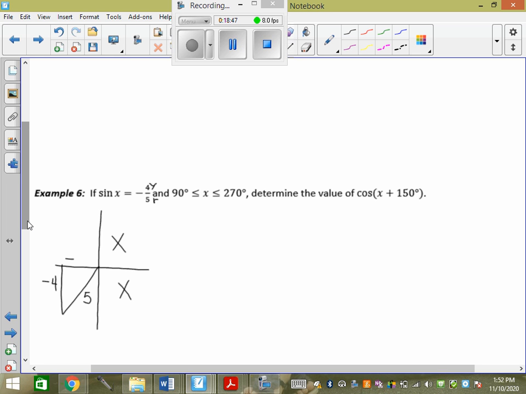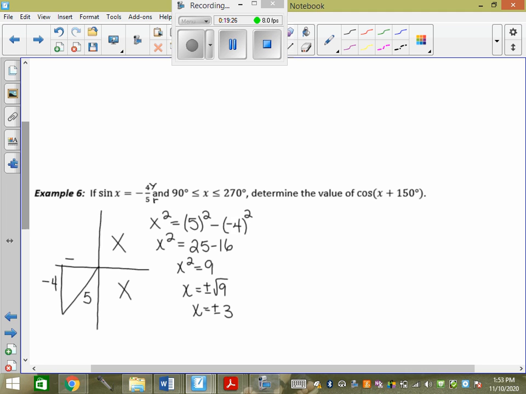How do I find the third side? Pythagorean theorem. So none of this is new. This is all chapter 4. I'm just repeating chapter 4. So I'm going to go x squared equals 5 squared minus -4 squared. x squared equals 25 minus 16. x squared equals 9. x equals plus or minus root 9. x equals plus or minus 3.